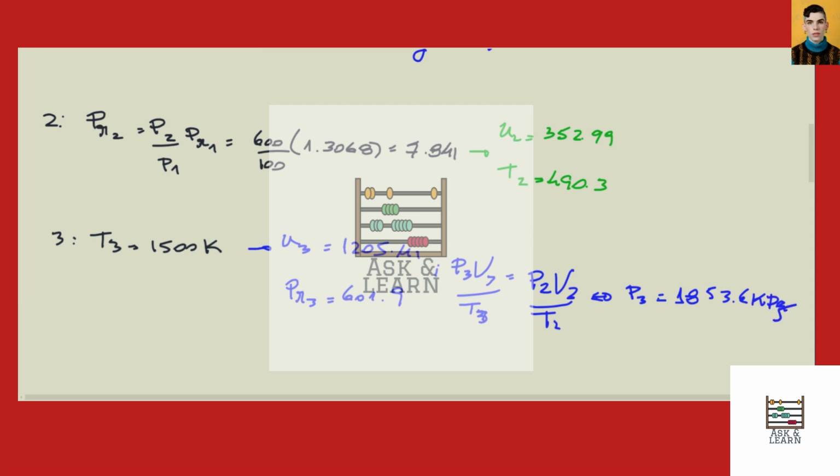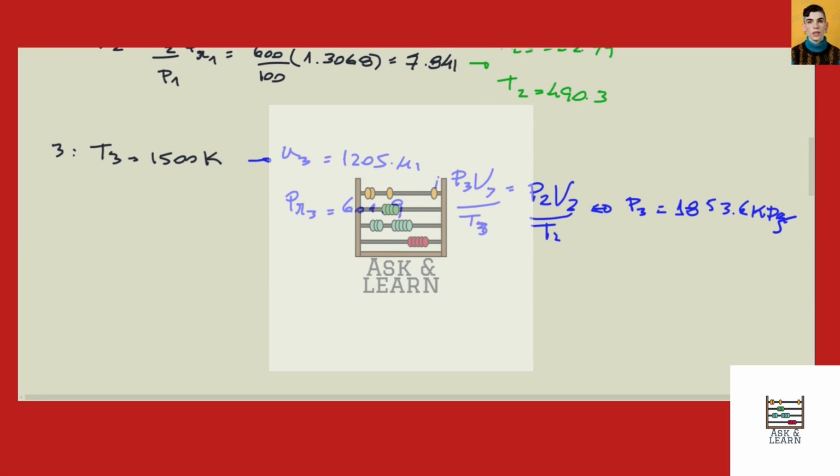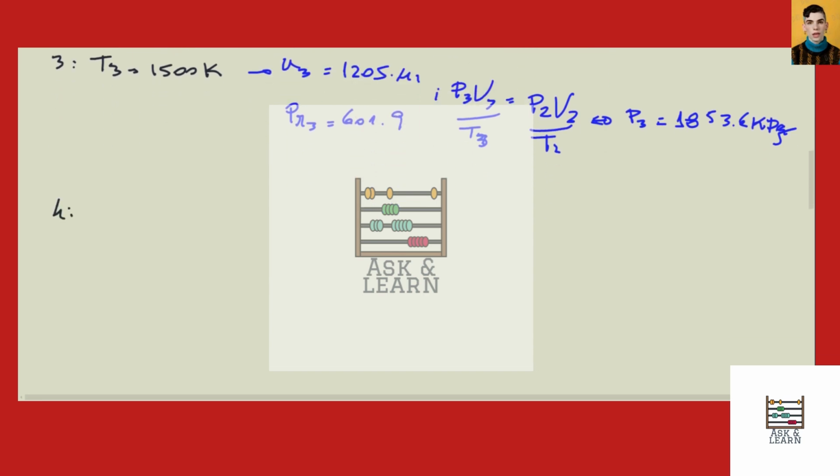And finally, at point 4, what we want is the enthalpy. Therefore, let's find the relative pressure. So the relative pressure is just P4 divided by P3, times PR3.